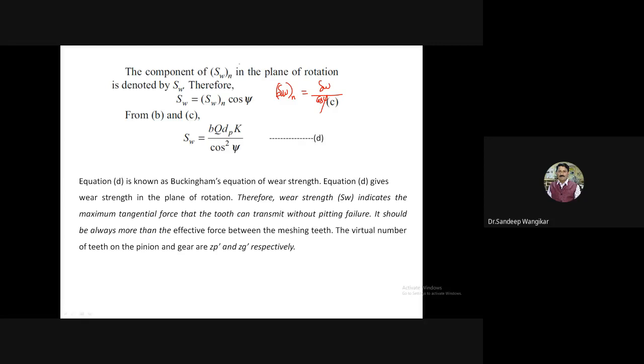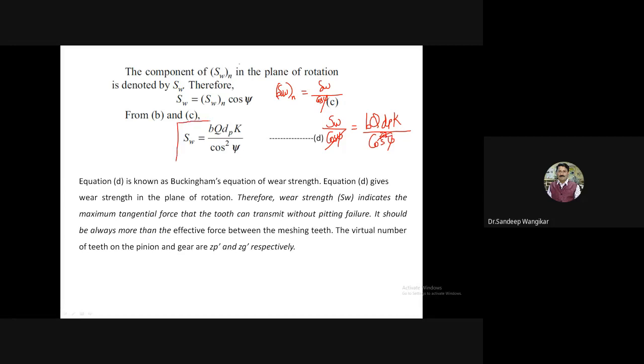If you substitute this value, Sw divided by cos of psi is equal to B Q dp K divided by cos cube of psi. This cos psi, and here it will become square, and this is your final equation.